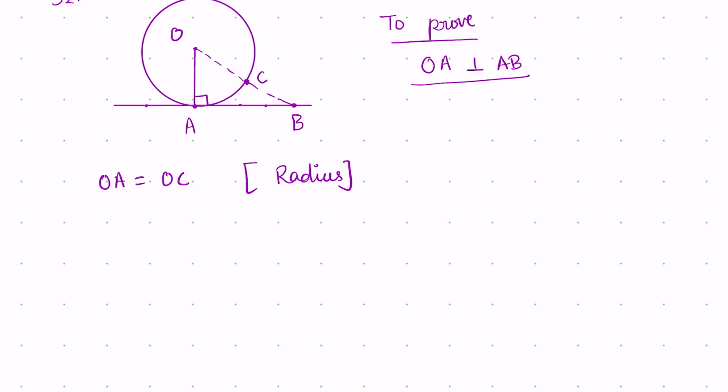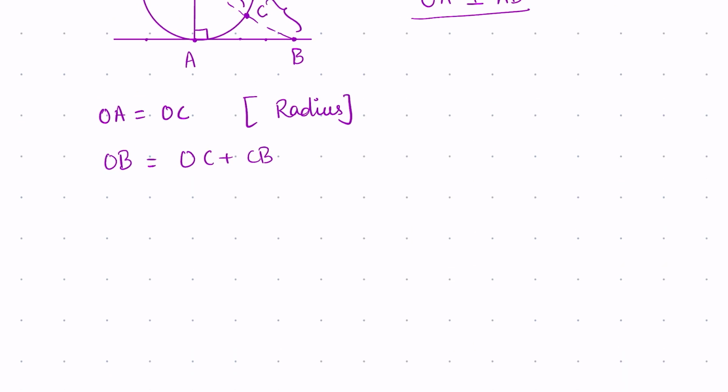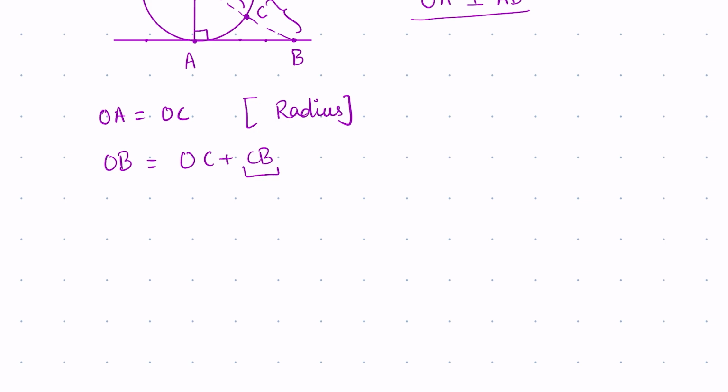Okay, next, what is OB? If you look at it, OB is nothing but OC plus CB. So we write OC plus CB. Which means, since CB is a line segment, obviously the length of a line cannot be 0, right?